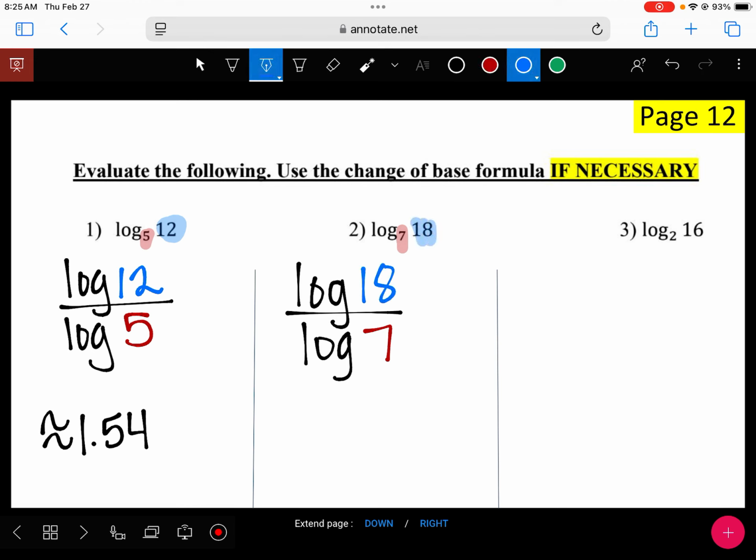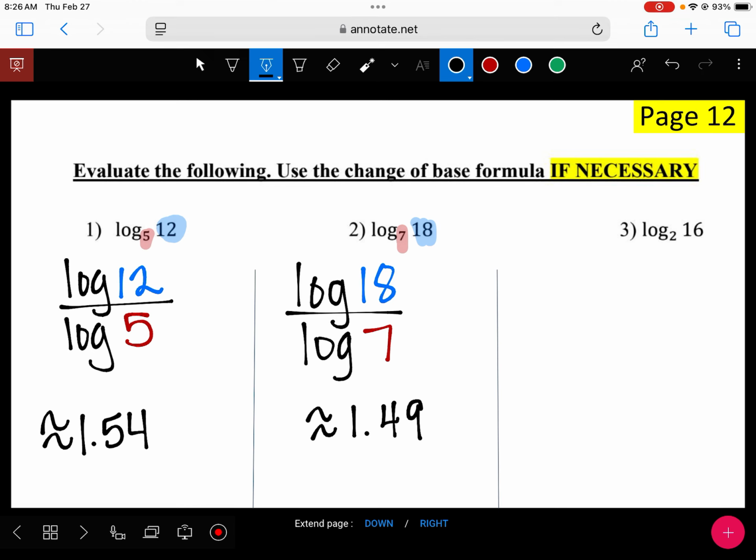Go ahead, type that in the calculator. And you should get something close to about 1.49. I rounded that 8 to a 9. Thumbs up if you got 1.49.